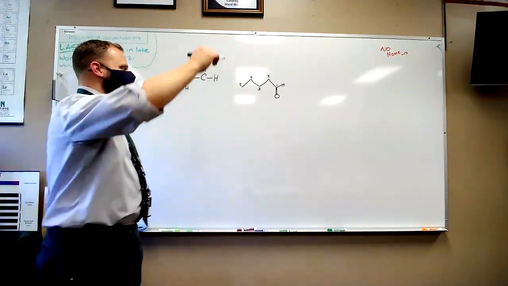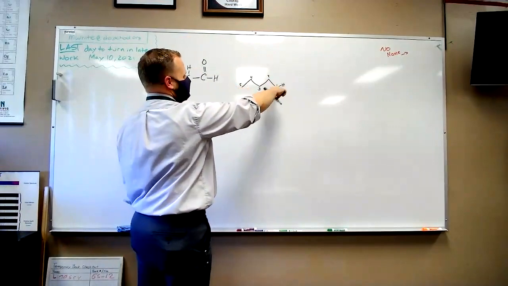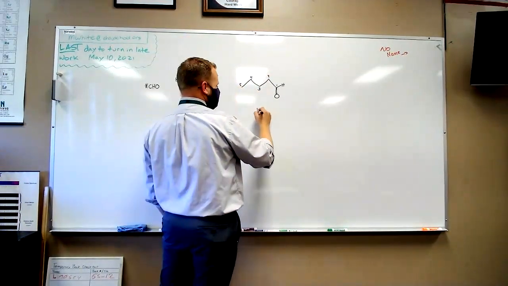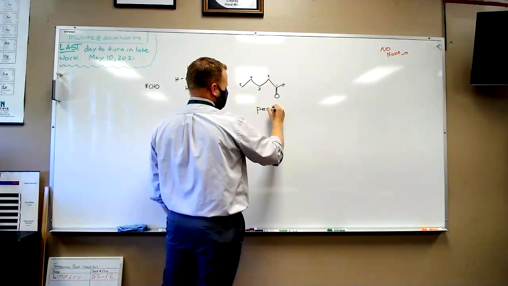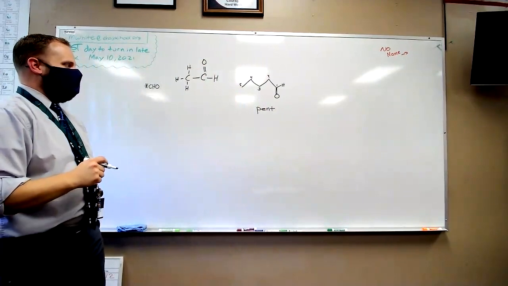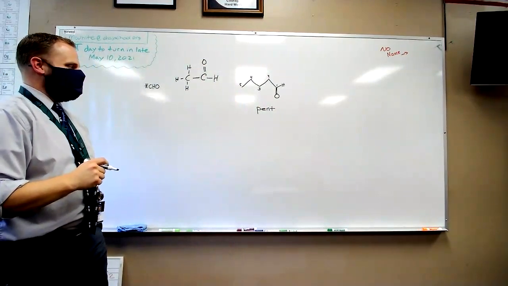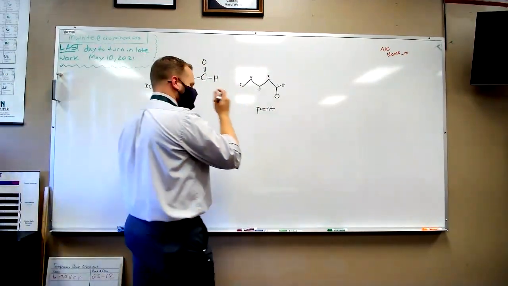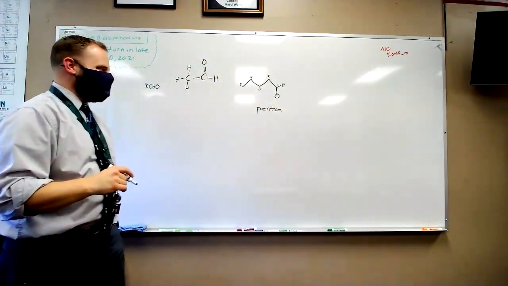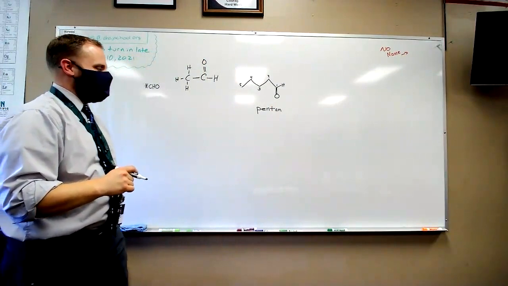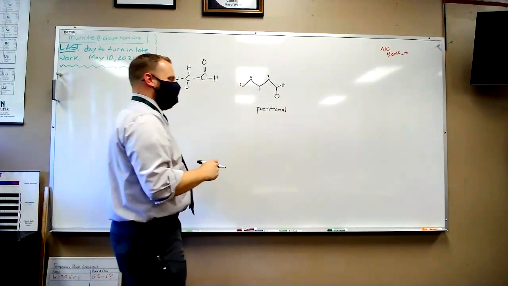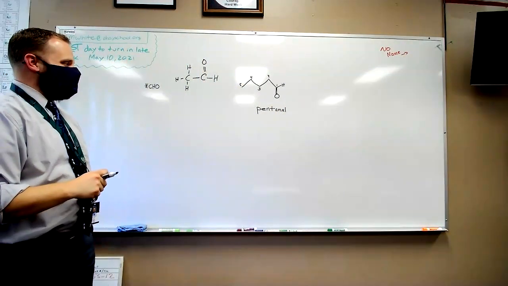Well, we have 5, so we have our prefix. And we are going to keep the AN, like pentane, but this is an aldehyde, and so we add an AL for that. This is pentanal.